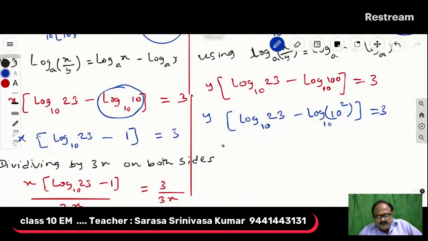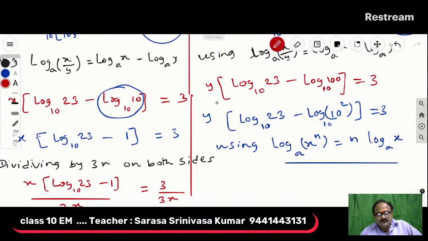Now using the formula log x to the power of n to the base a equal to n log x to the base a, we can write log 10 to the power of 2 base 10 as 2 log 10 base 10.